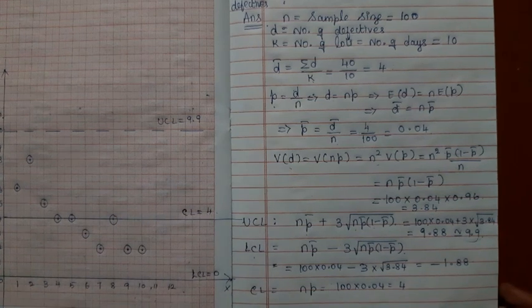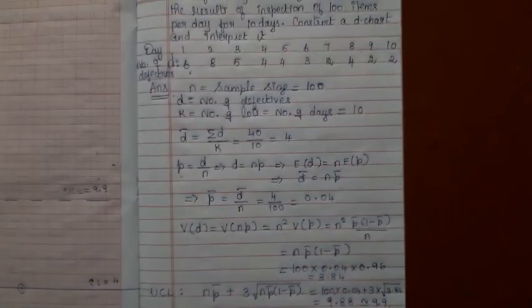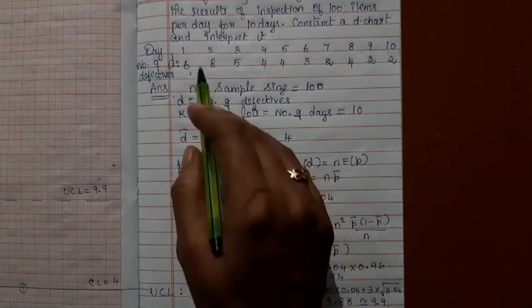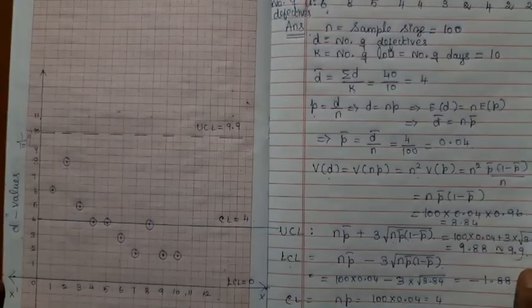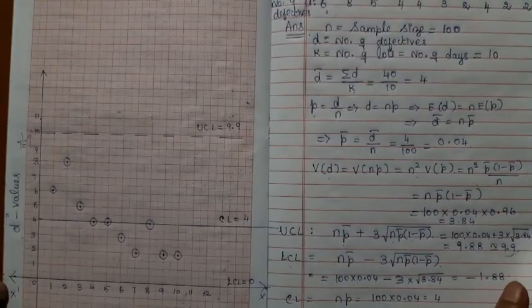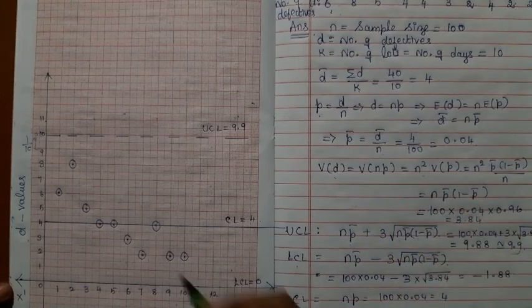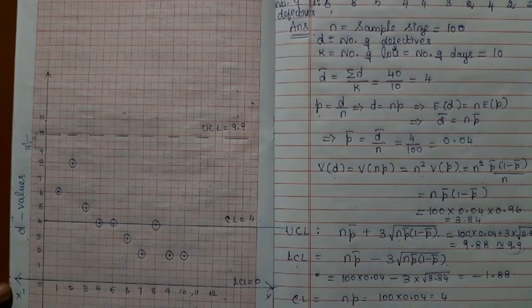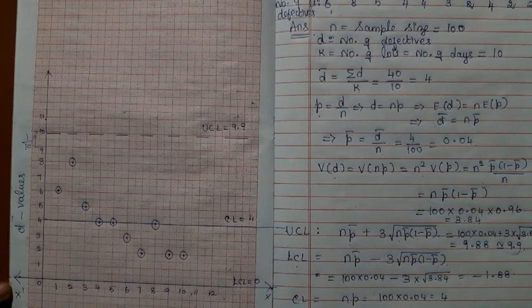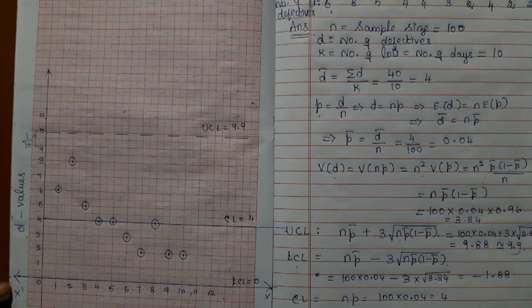Fine. You may think that just by inspection, if the D values are between the upper control limit and lower control limit, we can simply say that the process is in control. What is the need of constructing the control chart? You may think that, but this control chart speaks about more facts. See, if there is an increasing trend in this control chart, you can understand that some problem has started in the process, right?